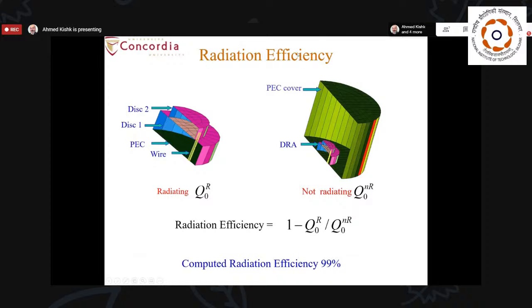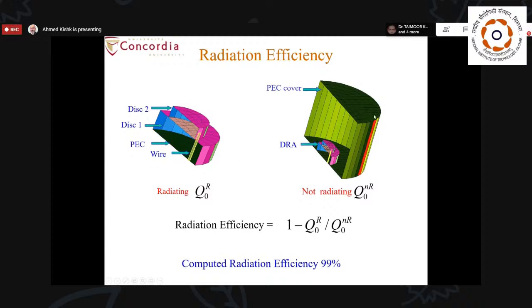And the radiation efficiency is very important to know, and we can measure it by having two sets of measurements. You can measure the dielectric resonator or the antenna in its radiating case, exposed to free space, and from the reflection coefficient that we get from this measurement, we can process the data in order to calculate its radiation Q factor.